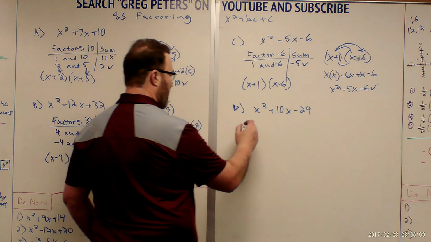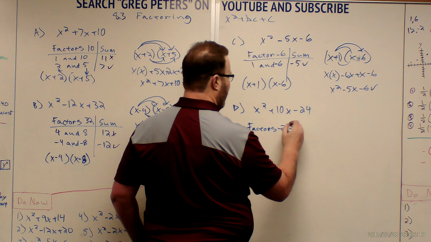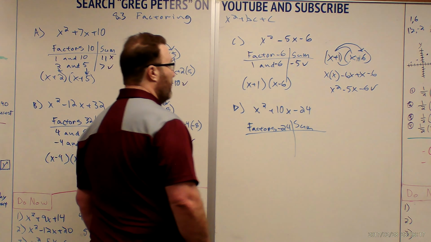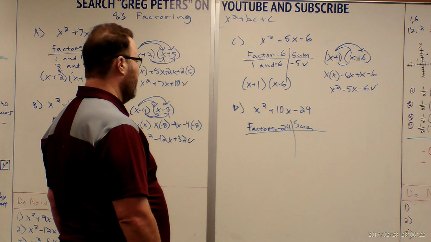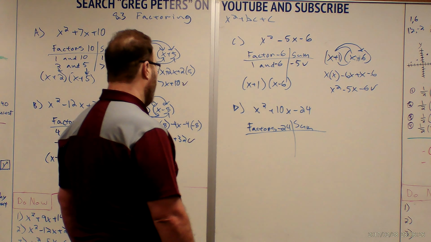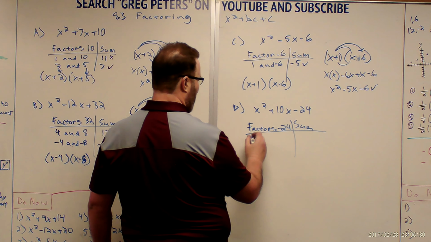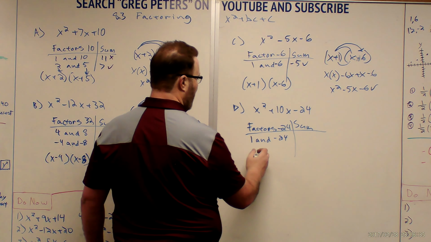Okay, next one, factors of negative 24, sum. So 24, 2, 3, 6. I'm going to start with 2. Well, let me start with 1. 1 and negative 24.